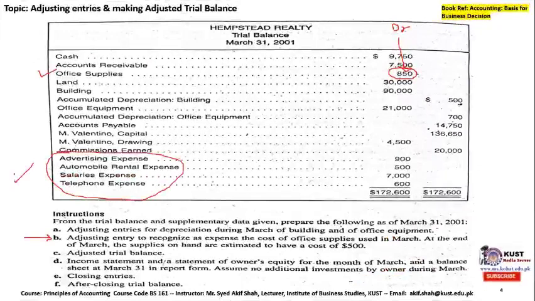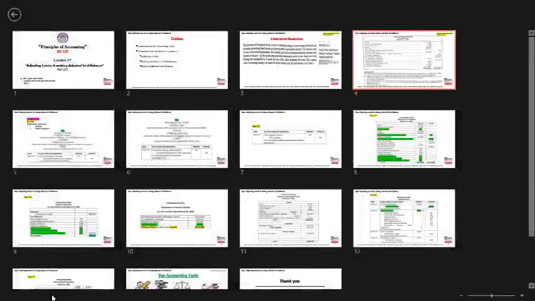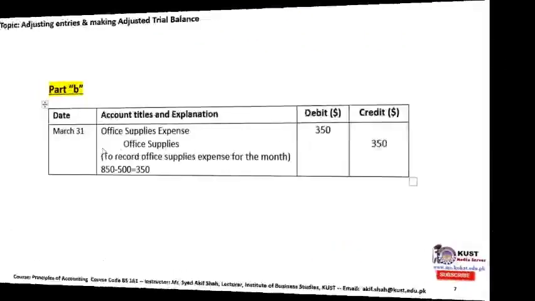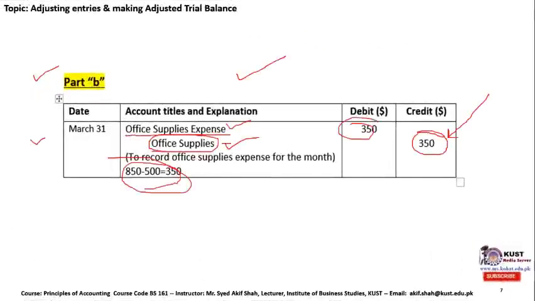There is no title available, therefore we have to generate a new title with the name of office supplies expense. So you can see that after telephone expense, we have generated an additional expense account which was available in the adjusting entry, that is office supplies expense.